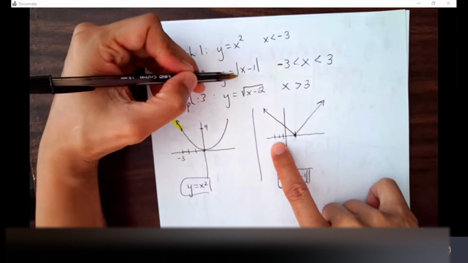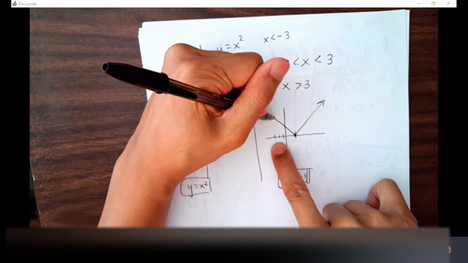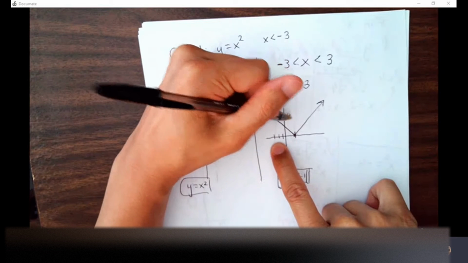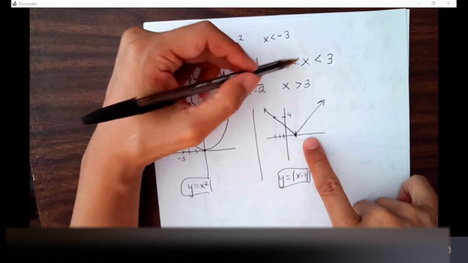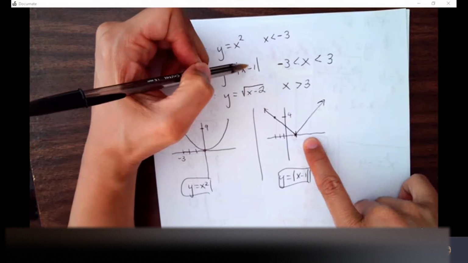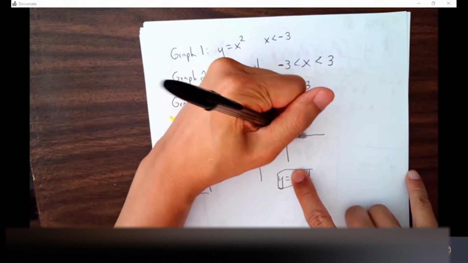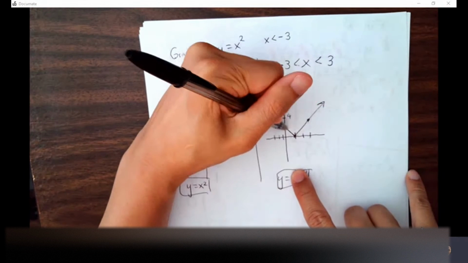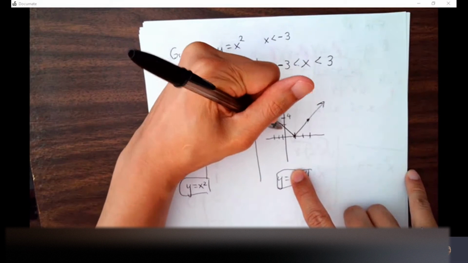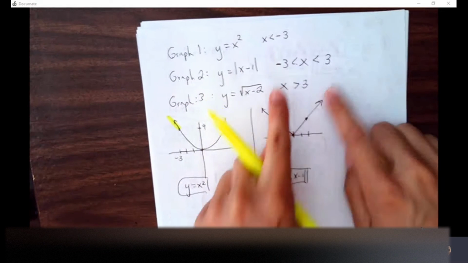So -3, if I were to plug that in, it'll be at 4. And then if I were to plug in 3, 3 minus 1 is 2. Okay, it's not drawn to scale here.